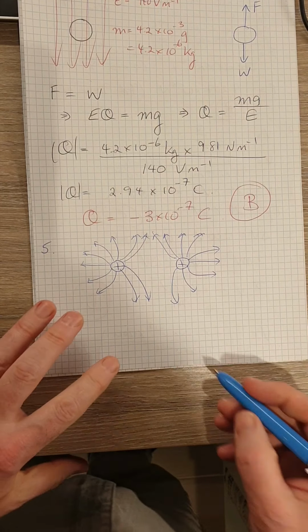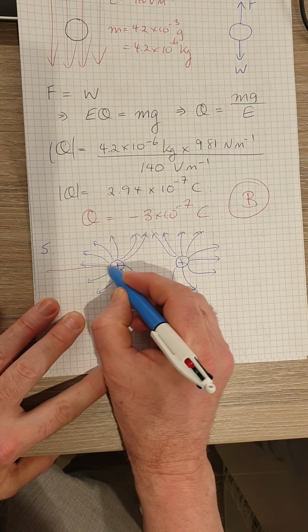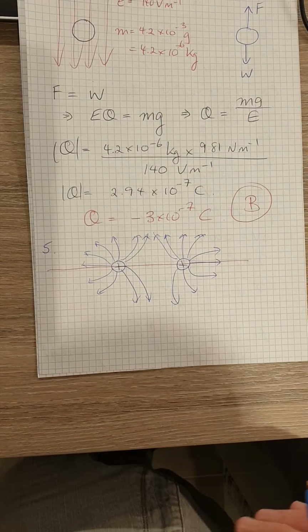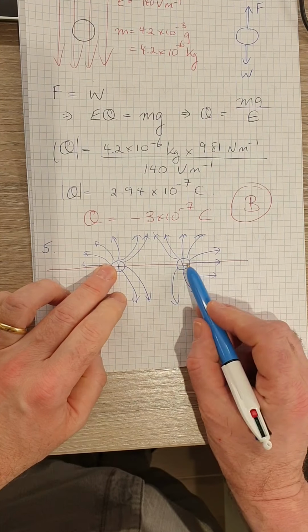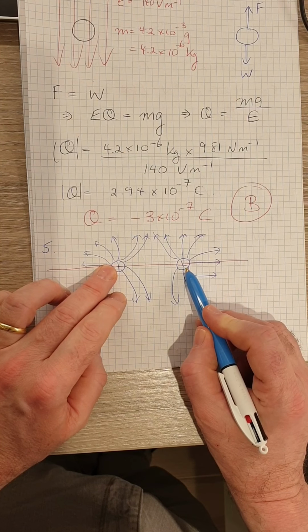Okay, and we're coming along this point here, and we're trying to identify what the electric field strength would look like along that line. Now the electric field is going to get stronger as we approach the charges from either side.